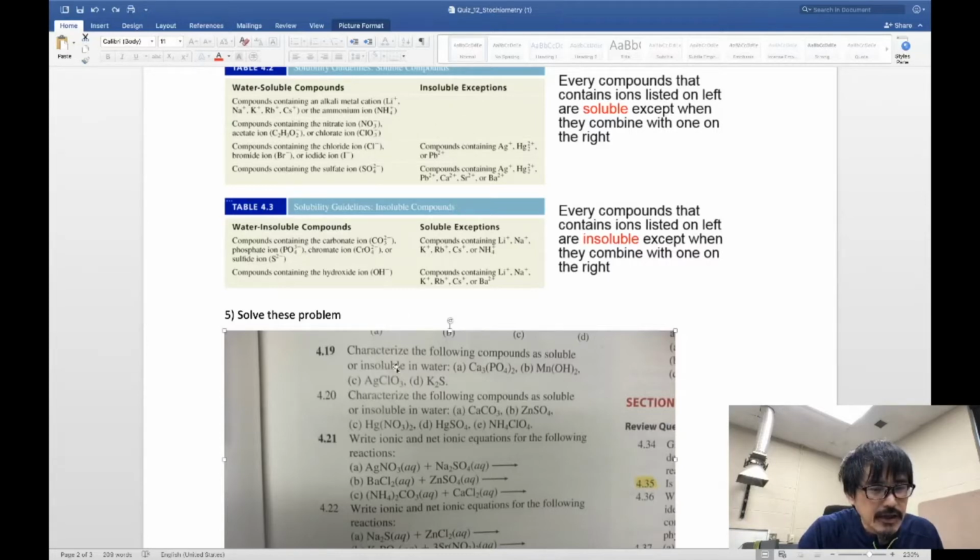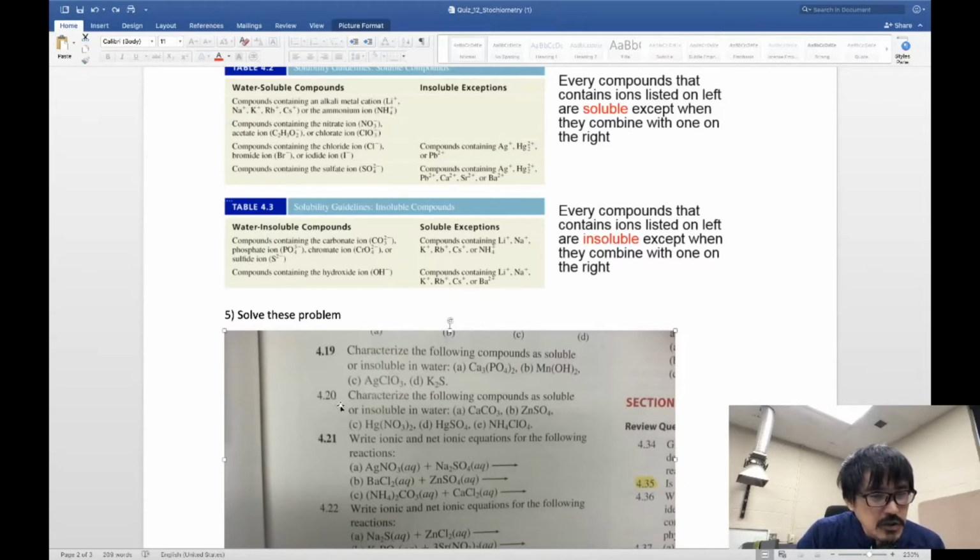So that one right there is going to be AQ. K2S, anything that paired up with K is going to be water soluble, so that one is going to be AQ. So the answer is going to be solid, solid, AQ, and AQ for question number 19.